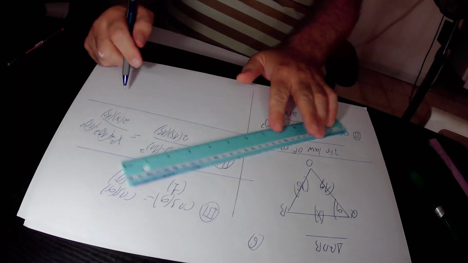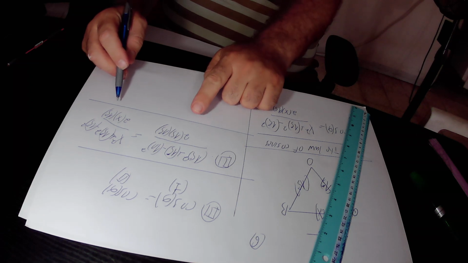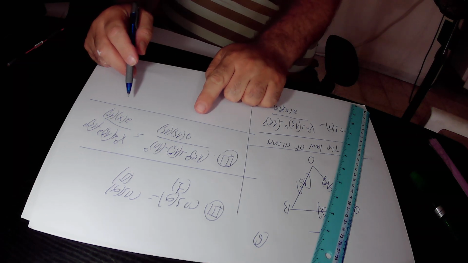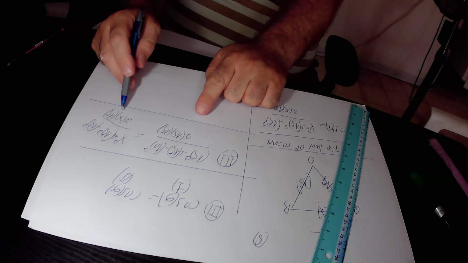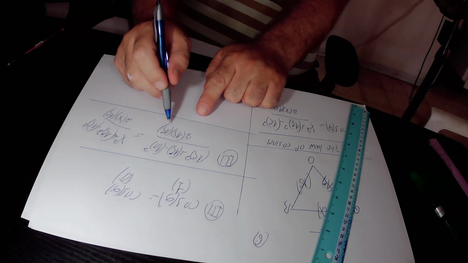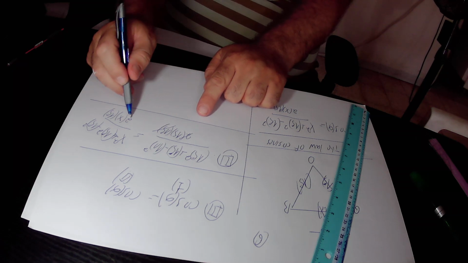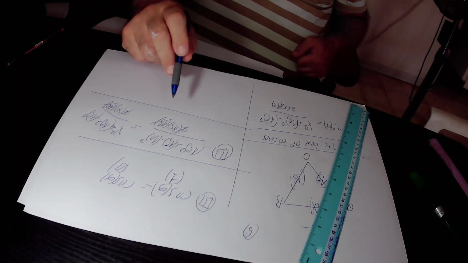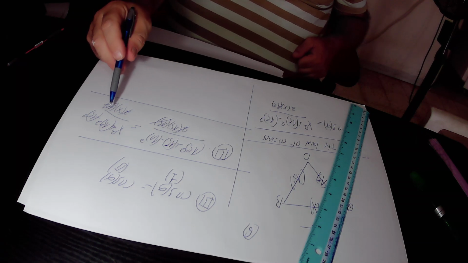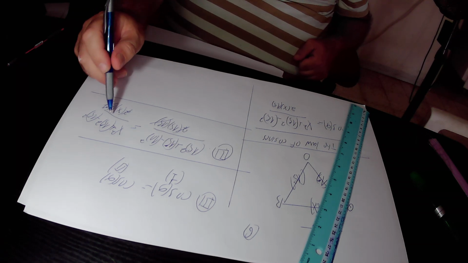If we focus on the denominator of these expressions, we have 2 times 15 on both denominators, so 2 times 15 will get cancelled. In this side of the equation we have 15 squared minus 15 squared, that is 0.